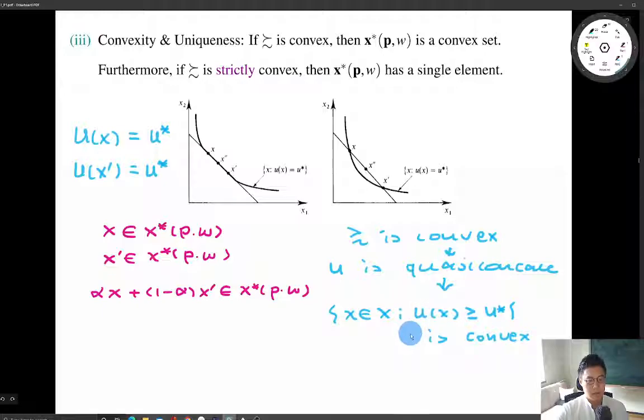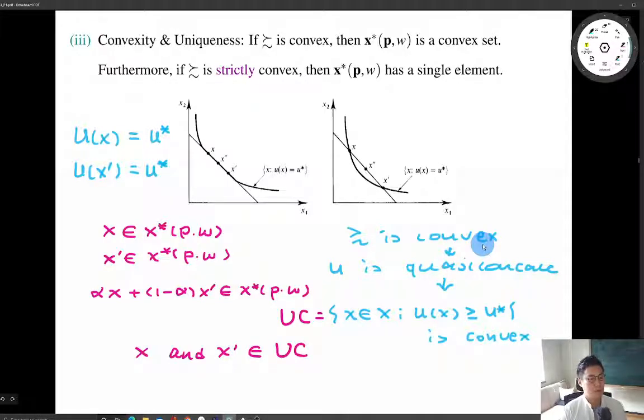Because this upper contour set allows the equality. So let me call this UC, the upper contour set. Then X and X prime belong to this set.